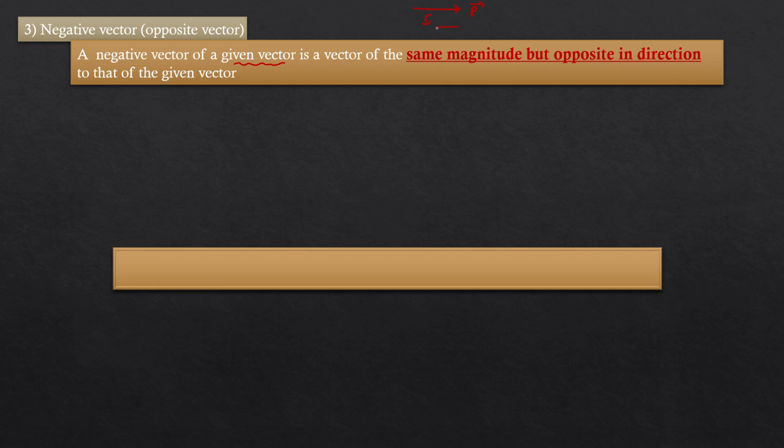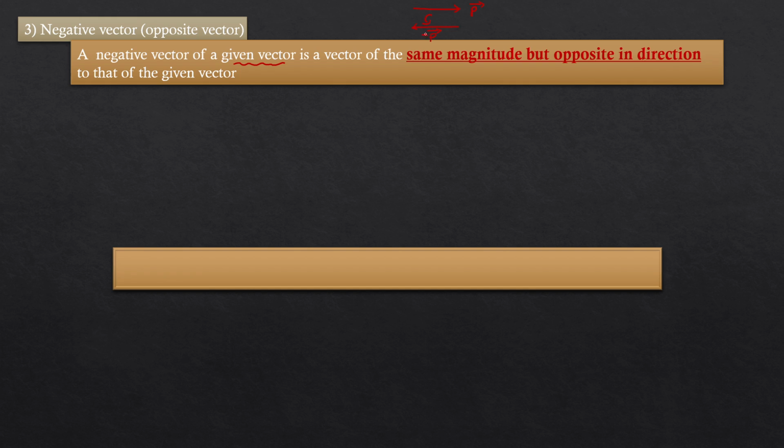Okay, so this is a negative vector of this given vector. So I will write minus p bar. Minus मतलब negative. This negative sign shows that your direction is opposite. Magnitude is never negative. Vector में to be remembered, magnitude is never negative. Negative sign shows your direction.